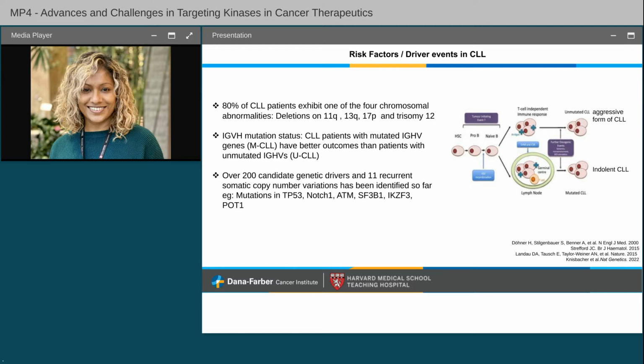So patients with unmutated IGHV have a more aggressive disease course than those with mutated IGHV. We have over 200 candidate genetic drivers identified so far. With increasing amounts of CLL being sequenced, we are learning more about the driver events and their impact on disease relapse and clinical outcome.